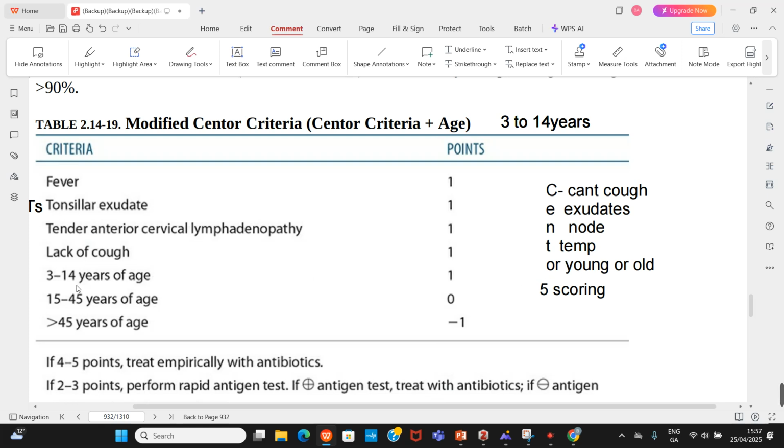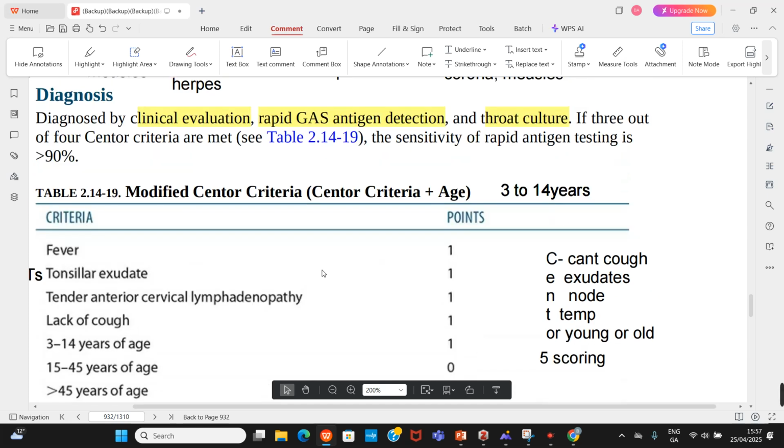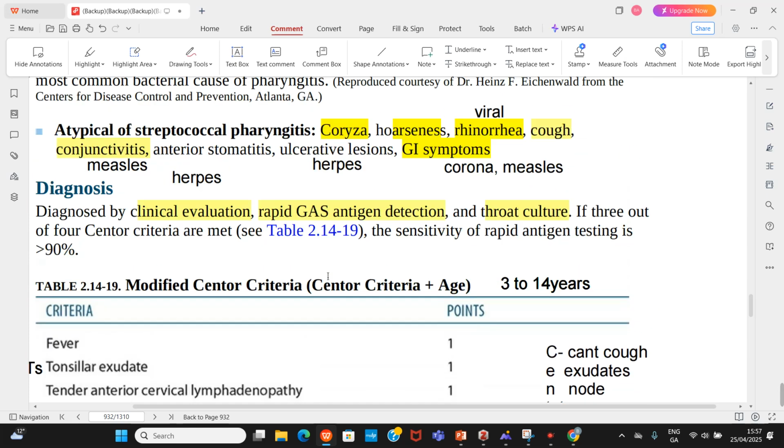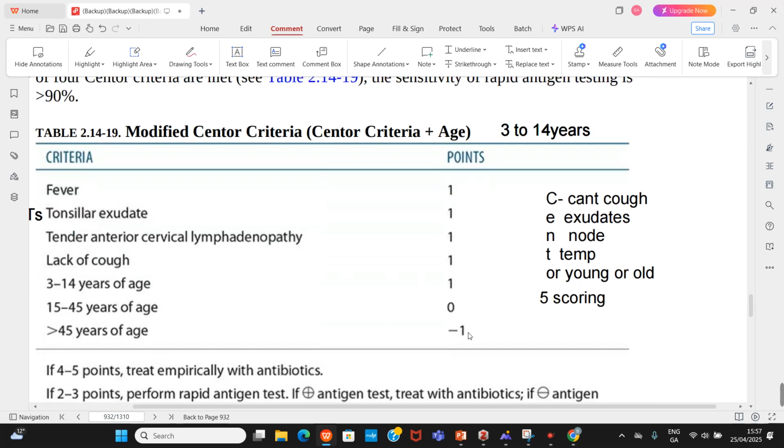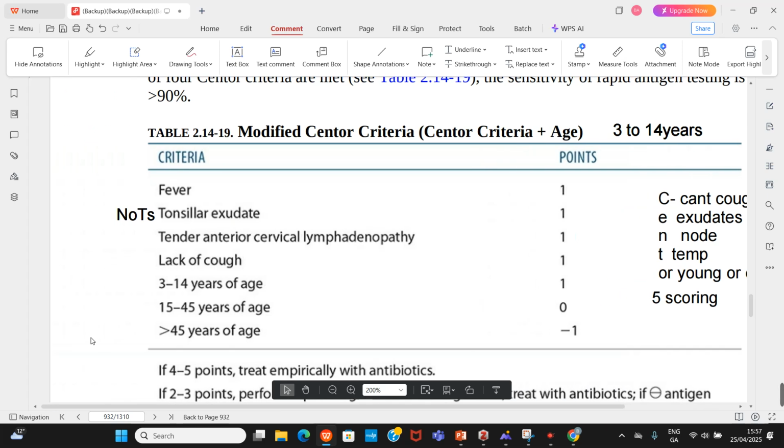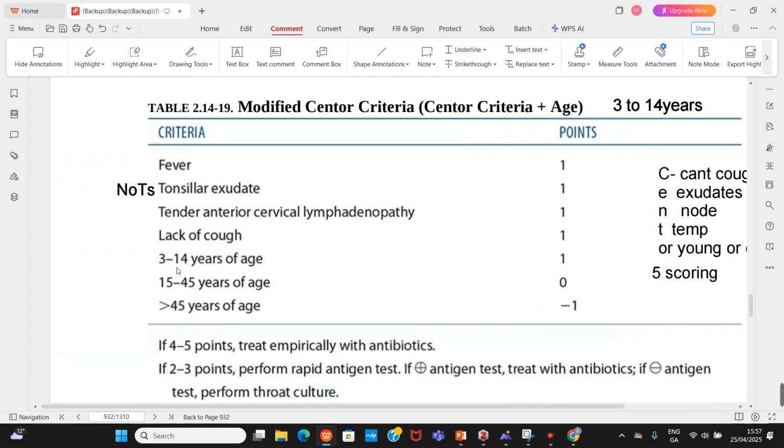If you are between 3 to 14, give them 1 point. If you are between 15 to 45, 0 points. If you are more than 45, I remove 1 mark, because I don't expect somebody more than 45 to be having group A strep. It's not very common in them. But the common age is between 3 to 14, so you give them 1 mark.